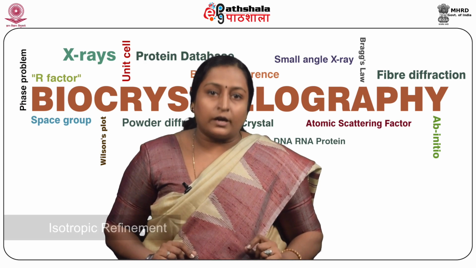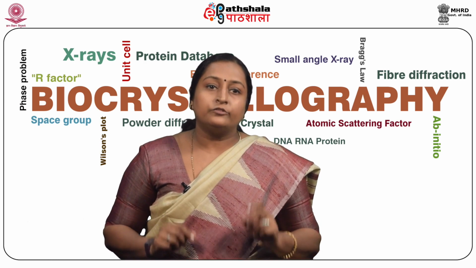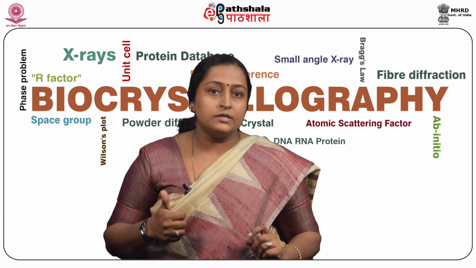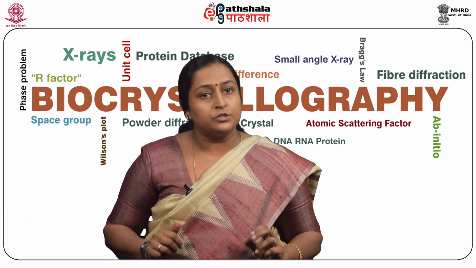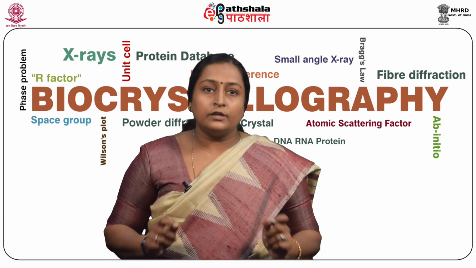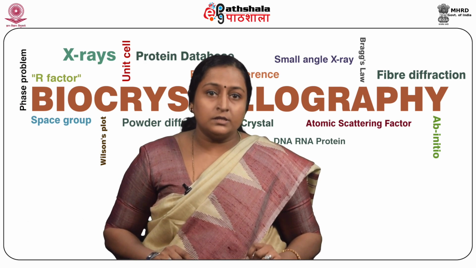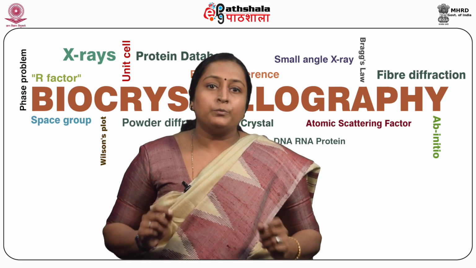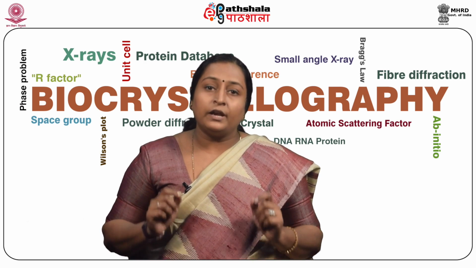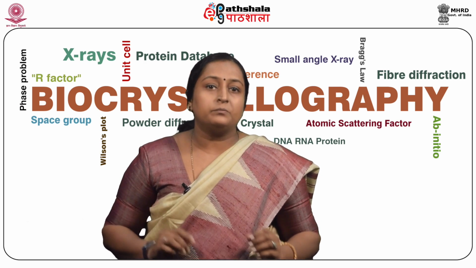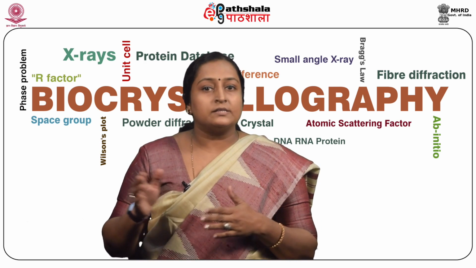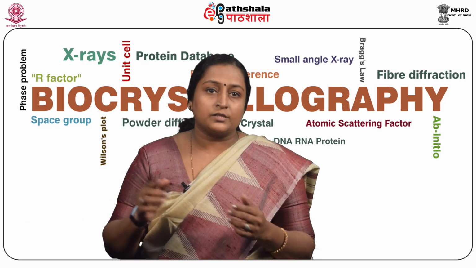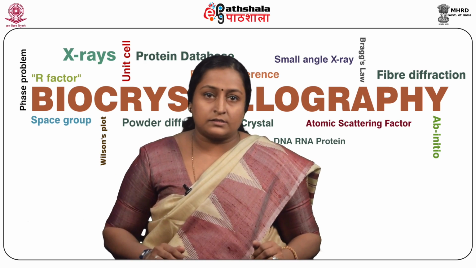In the case of an isotropic refinement, there are three positional coordinates and one thermal displacement parameter that need to be refined. In the case of an anisotropic refinement, in addition to three positional parameters, every atom will have 6 displacement parameters in the x, y, z directions and along the xy, yz and zx planes.